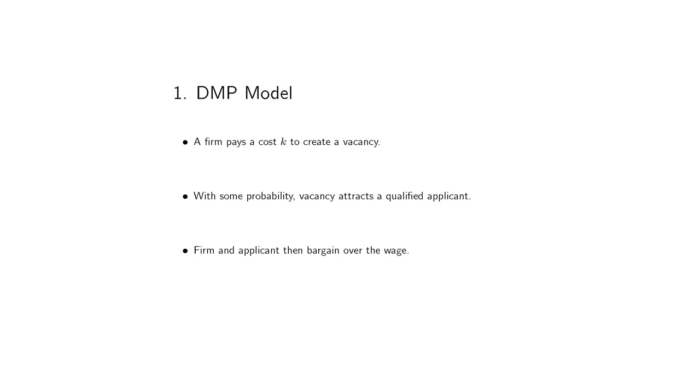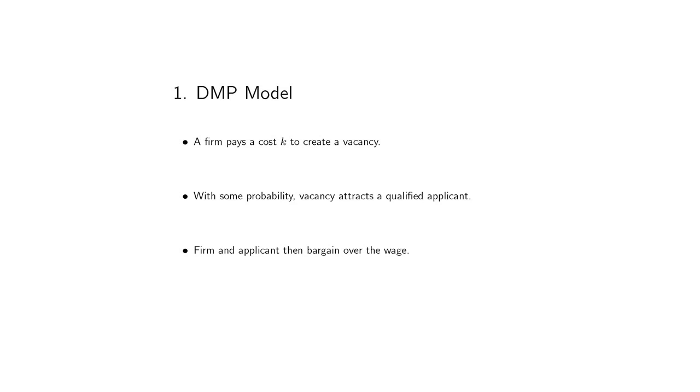So here's how the Diamond-Mortensen-Pissarides model works. The main decision maker in the model is a firm. And the firm makes a decision about whether to pay a cost, K, to create a job opening, to create a vacancy. What is this cost supposed to be?